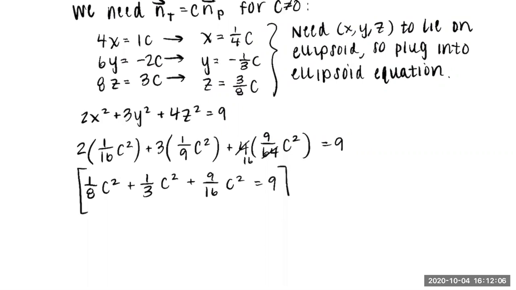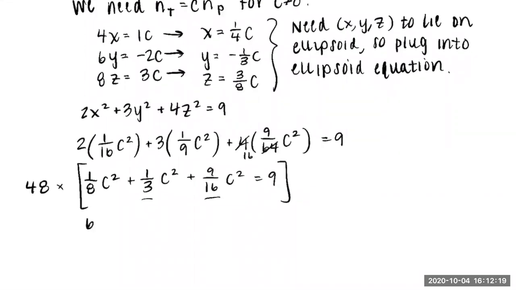So I'm going to multiply by the least common multiple of 8, 3, and 16, which is the product of 3 and 16. So that's 48. And I'm just going to multiply that straight across. So that's going to reduce it to 6c squared plus 16c squared. 16 goes into 48 3 times, so 3 times 9 is 27c squared.